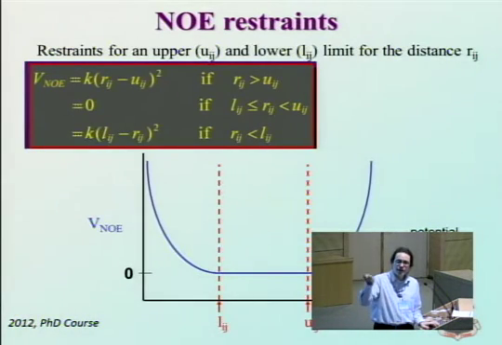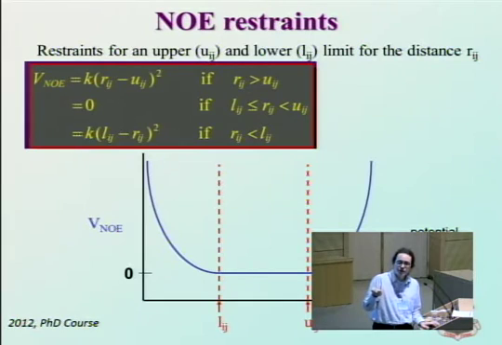So the way you represent the data is typically by using parabolic terms, where you have a range of allowed values, so no energetic contribution if your distance between a pair of atoms is in between the lower and the upper distance limit. And then you get a parabolic contribution to the energy, as you see here from the equation.